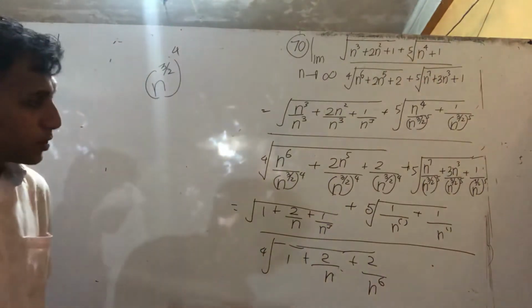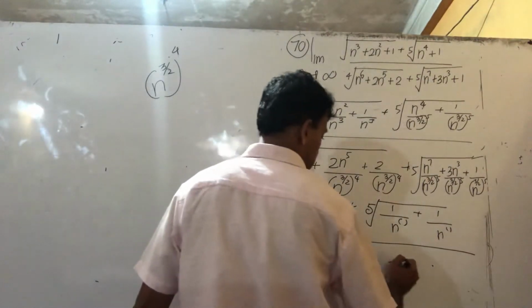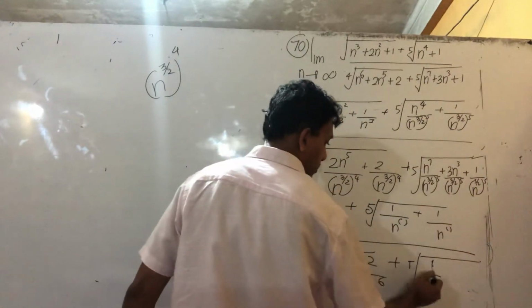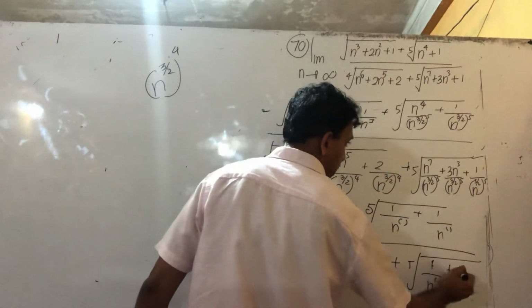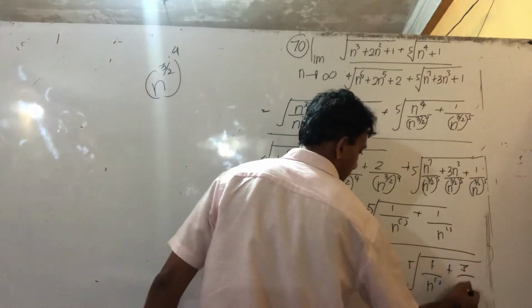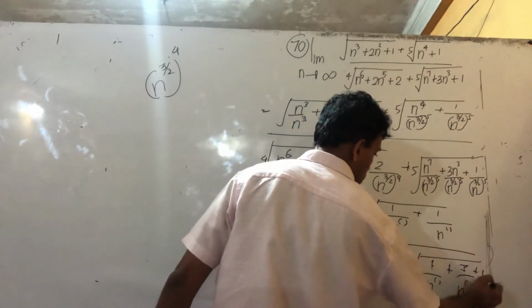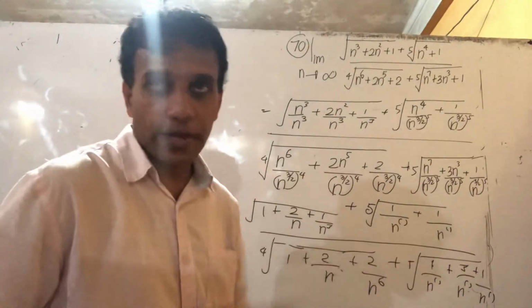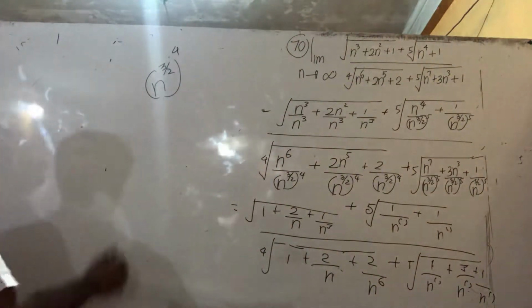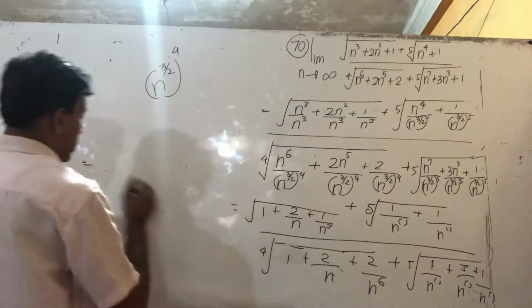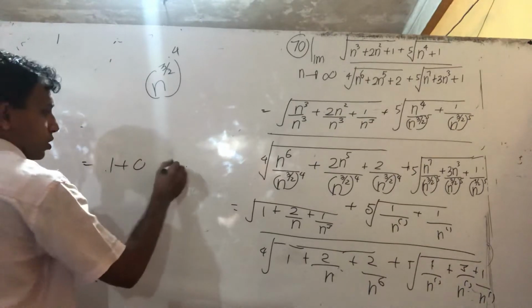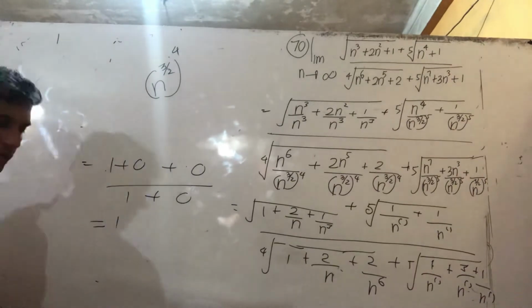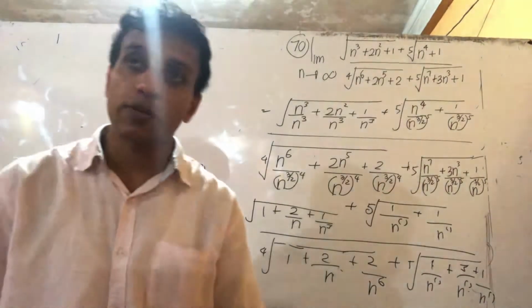Plus the 5th root, they are all the same, 1 over n to the power something, and that is 3 over n to the power value plus 1 over n to the power value. I did not mark the value, try to complete it, whatever the value. And now put n to infinity: here 1 plus 0 plus 0, 1 plus 0. Therefore, the answer. A simple question, but you will know how to work such a problem.